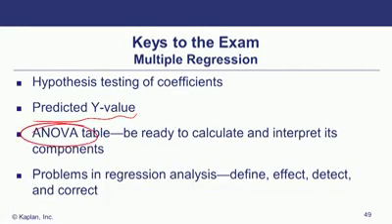We continued working with ANOVA tables, so analysis of variance tables, and therefore we again were able to compute things like R squared, adjusted R squared, standard error of the estimate, and the F stat, which was the overall importance and validity of your model.